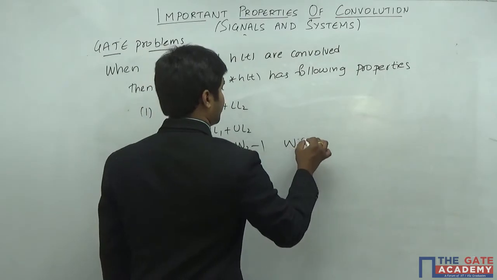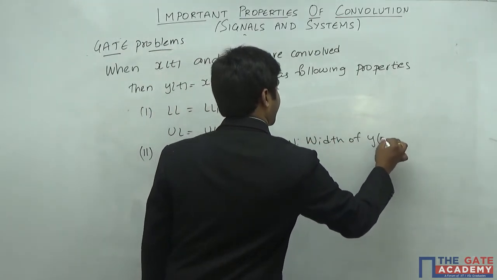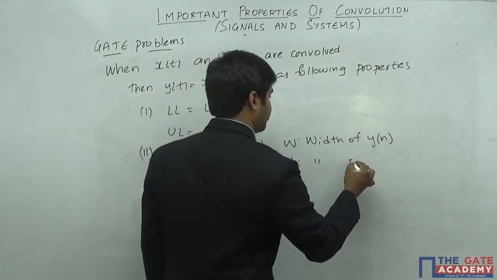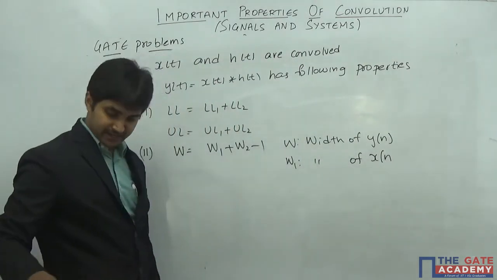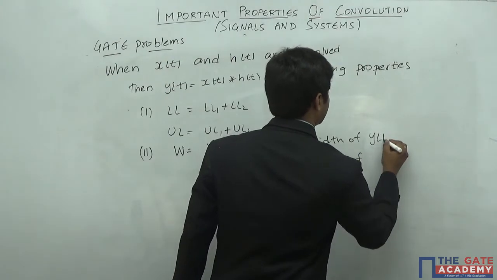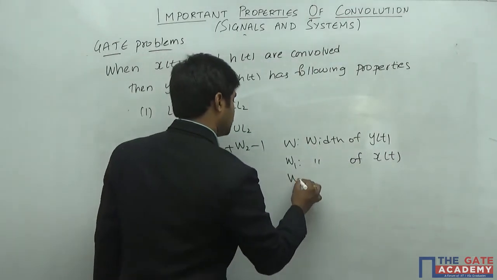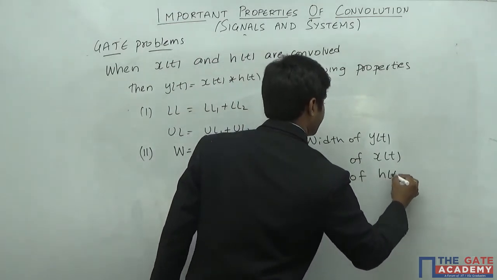W is the width of the resultant, the width of y of t. W1 is the width of x of t. W2 is the width of h of t.